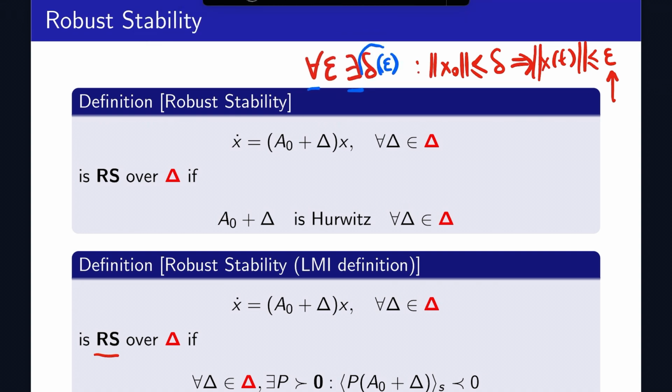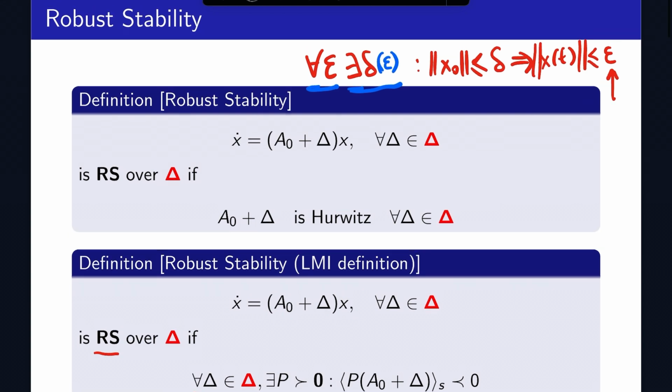Why? We are saying that this delta depends on epsilon. So you give me epsilon, and then I'm gonna give you delta based on that epsilon, right? Anyway, this is stability in the sense of Lyapunov.